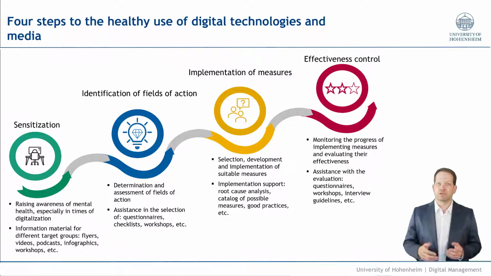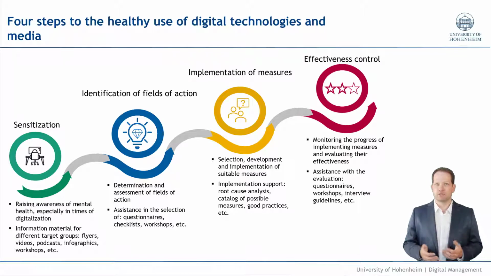And then finally, you should work on the effectiveness control. You should monitor the progress of implementing the measures, and you should evaluate the effectiveness for contributing to overall societal learning on what's effective against digital stress, but more specifically on knowing in the individual company, with your corporate culture, your workforce and so on, what are really effective measures, what should you continue, what might you need to change.